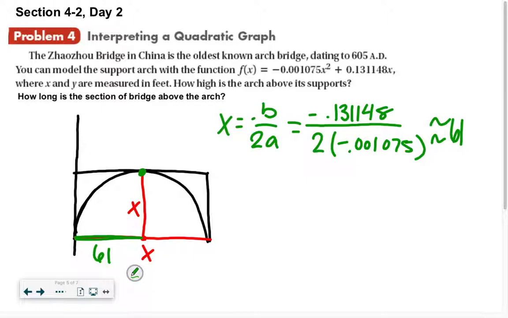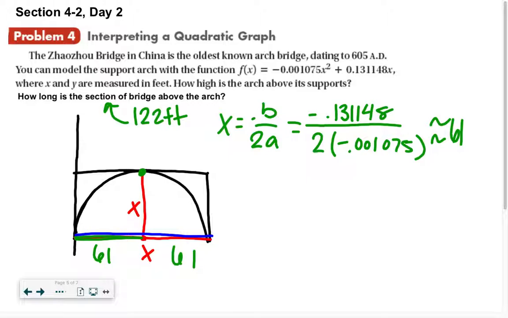Can I already answer, by what we know about the vertex, how long this is? If this chunk is 61, what does this chunk have to be? 61. So how long is it? Yeah, it's 122 feet. That answers that question right there.